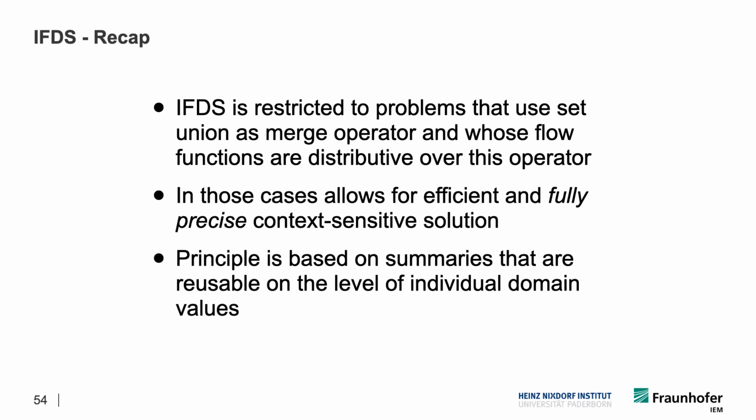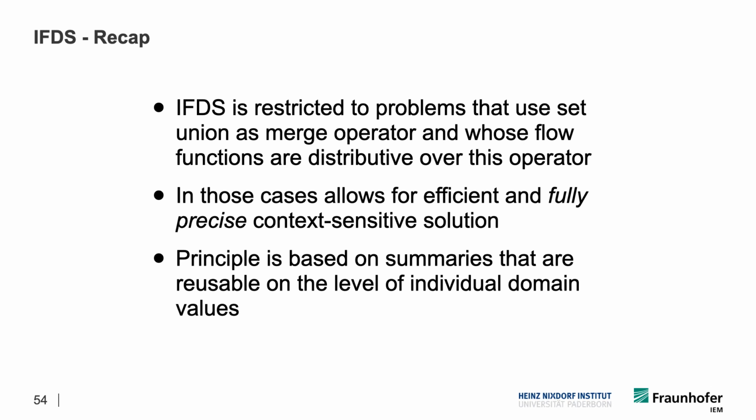Well, if you think about it, in IFDS, like I said, the program analysis problem is reduced to a problem of graph reachability, right? And if you think about graph reachability, when is a given node reachable in a graph? Well, it's reachable if it is reachable along any path that leads to this node. So it's really an existential quantification.